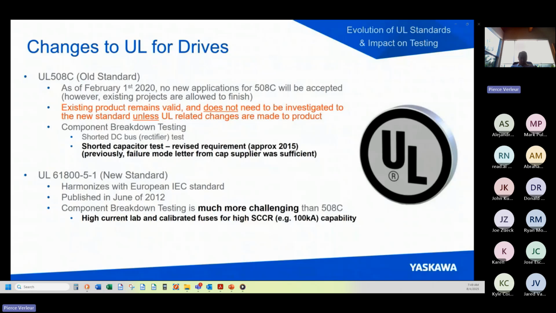The biggest change there is that for products that desire to have a high FCCR rating, and I'll use the G800 as an example, which has a maximum rating of 100,000 amps, if we had tested that under 61800-5-1, we would have to take all of our products to a laboratory that was capable of supplying 100,000 amps and to use calibrated fuses. So it's gotten much more complicated under 61800-5-1.